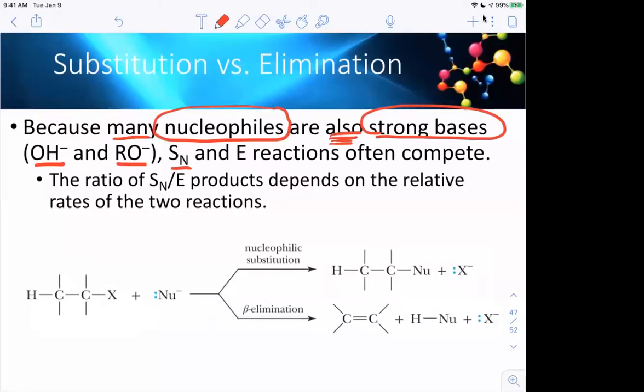So my substitution and my elimination reactions are going to compete. The ratio of the substitution product versus the elimination product is going to depend on the relative rates of those two reactions. So I'm going to have to do an analysis based on the type of substrate, the type of nucleophile or base. And I have to figure out whether I undergo substitution or elimination.